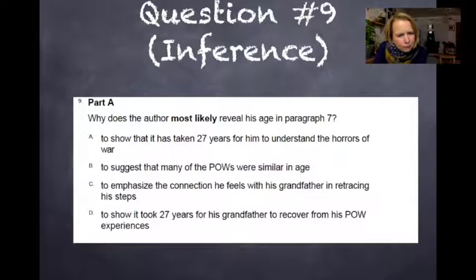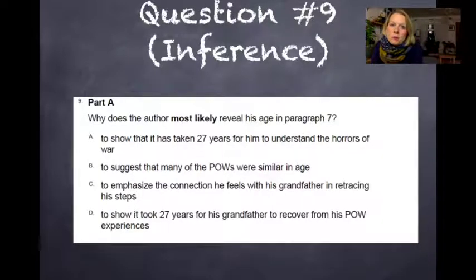But look at D. To show it took 27 years for his grandfather to recover from his POW experiences. I don't think that's it because we never got any ideas of how many years it took his grandfather to get over it, and I don't think he ever got over it. That's why he kept those pictures, and that's why we know it must be more than 27 years.